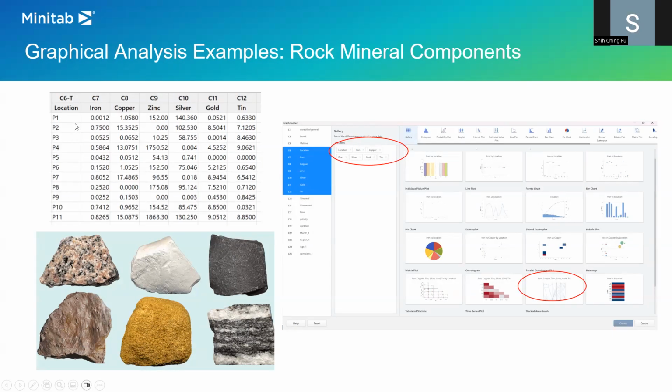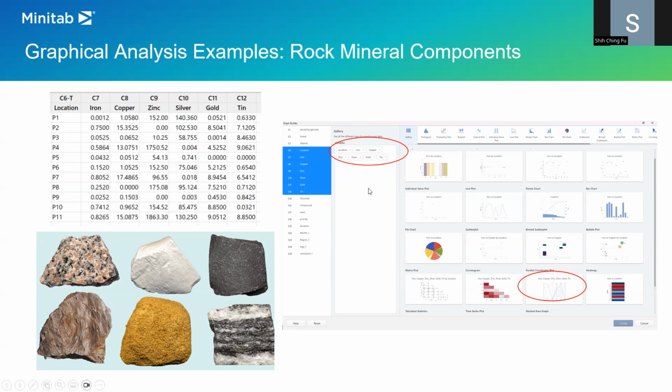For each location, I examine a rock, for example, components for iron, copper, zinc, silver, gold, tin, etc. So these are the ratings for this location, this kind of rock, and these are the 11 different locations. It's just like data of 11 locations, but the dimension is something like 6 dimensions, right? So how to compare, how to draw some pictures?